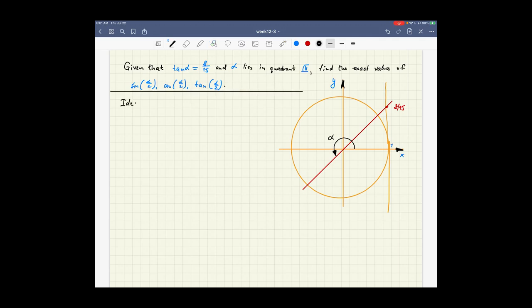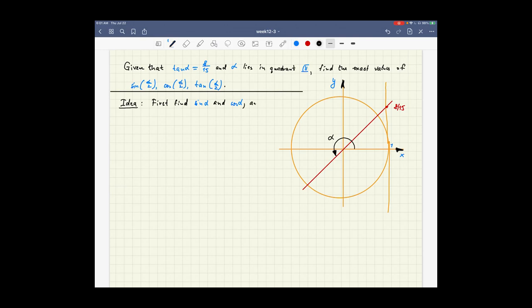So the idea is this. First, find sine alpha and cosine alpha. Not sine and cosine of alpha over 2, just of alpha.